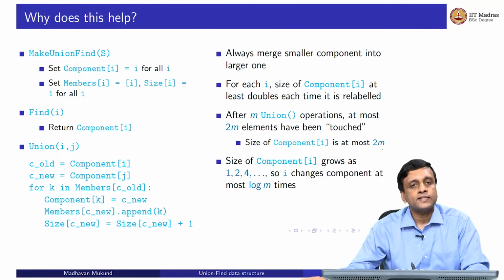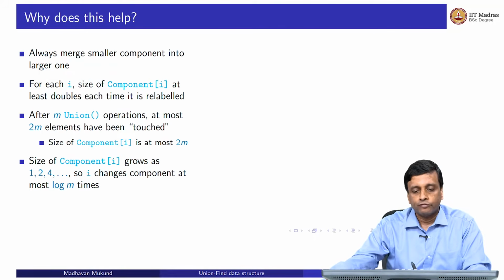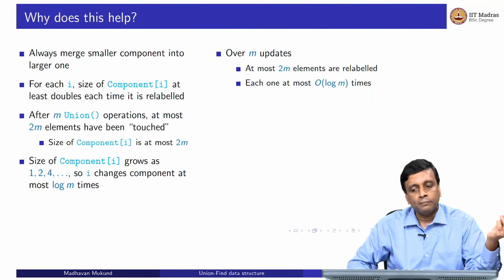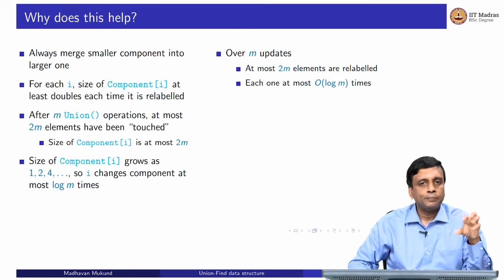So this is what gives us now our better bound for union find, because it says that basically over m updates, first of all we know that at most 2m elements are relabeled and each of them is relabeled at most log m times, right. So remember, our relabeling operation is now optimal.